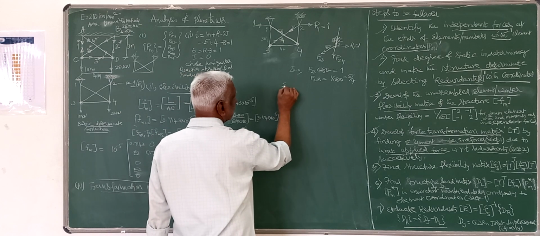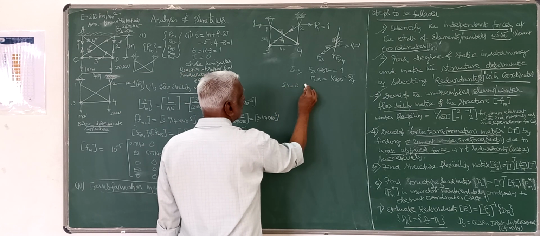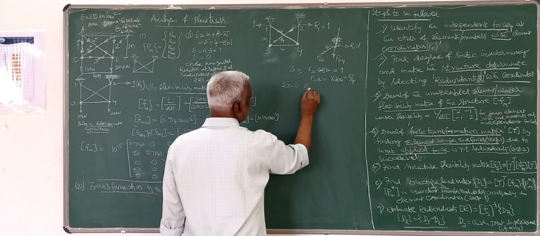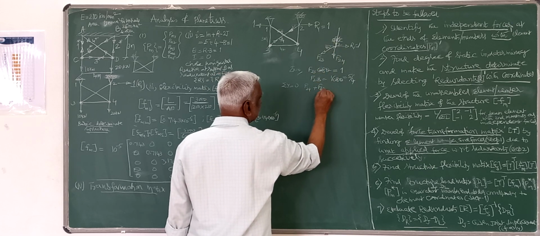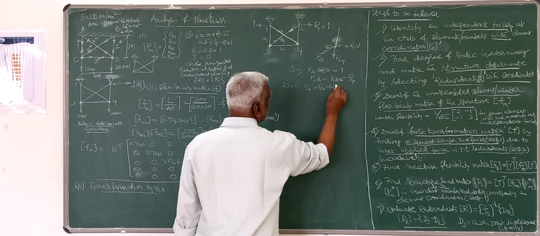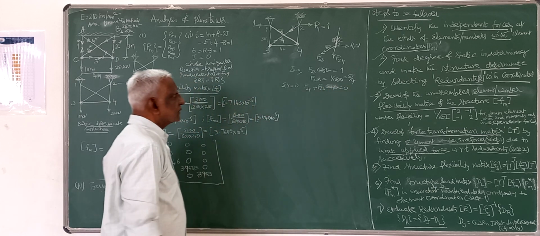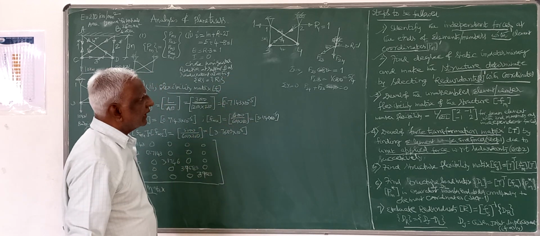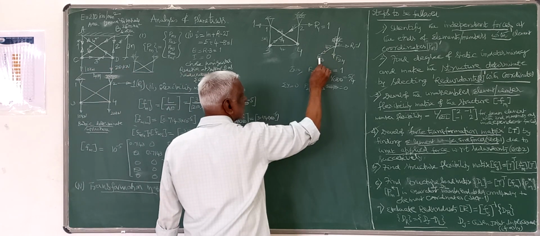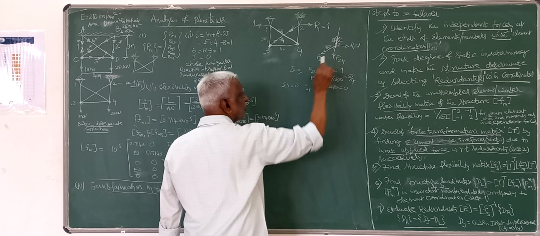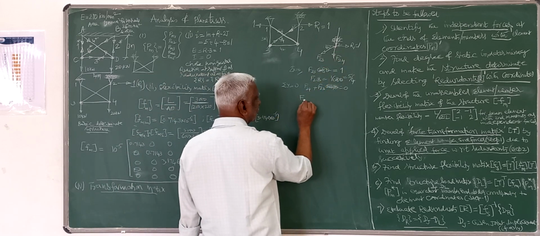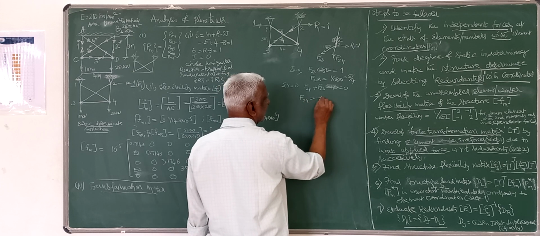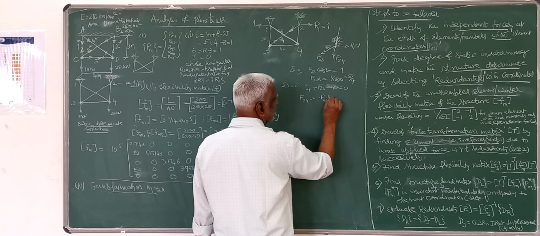Similarly, if you take sigma Y equals 0, the sum of all vertical forces, then F23 sin theta plus F24 should be 0. So F24 is equal to minus F23 sin theta.